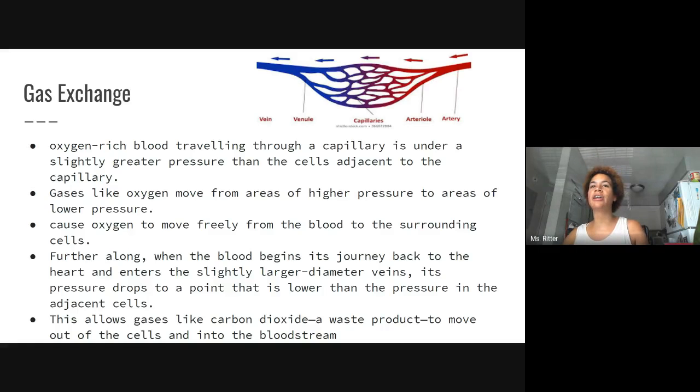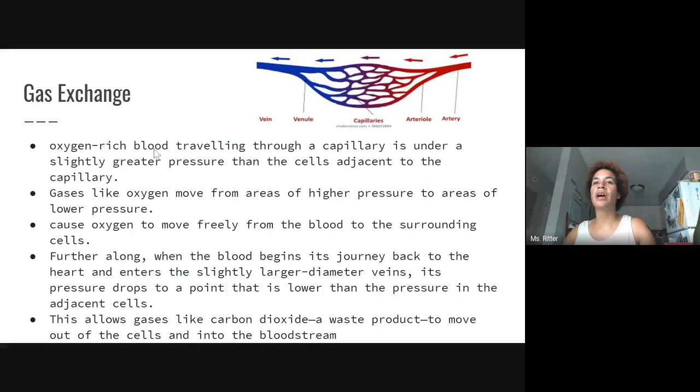Pressure gradients are a huge deal in the circulatory system, which I'll talk a little bit more about in physiology. But this pressure gradient then is going to push, because all of our gases, liquid, really anything in science is always moving from a higher gradient to a lower gradient, okay? So the higher pressure is going to be pushing this oxygen out, okay?